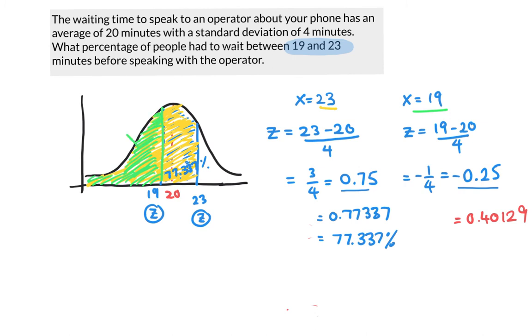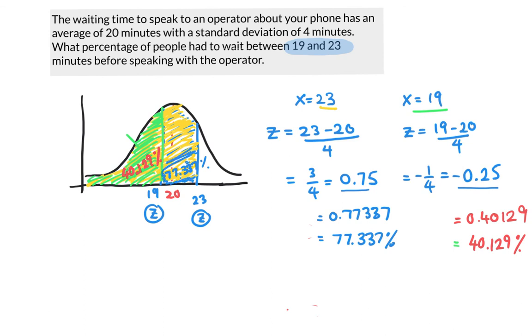And we know that data point is going to be equal to 40.129%. So this is 40.129% in the green. And the bit we want, if you remember, is the bit in the middle here, which I'm going to do in blue here.